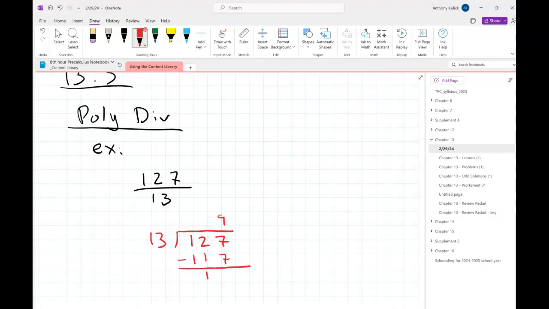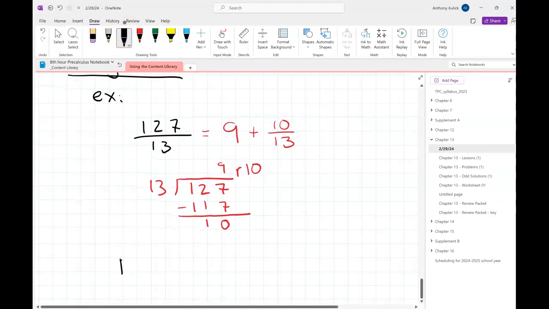And then I subtract down. So I'd say that the division problem here is 9 remainder 10, which tells me that this mixed number is going to be the quotient plus my remainder over my divisor. So it's 9 and 10/13 will be the mixed number.